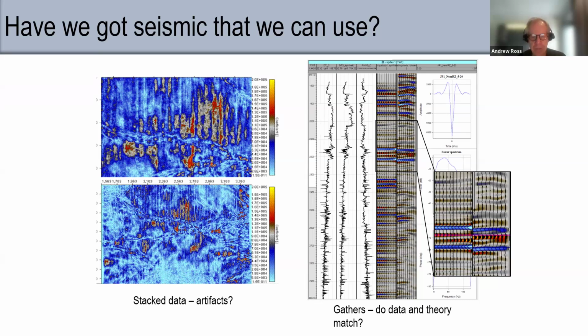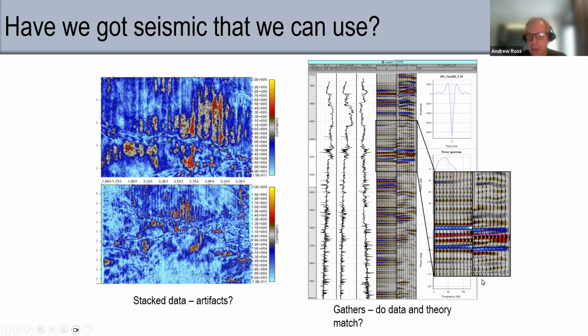If you've got a fan, some kind of slope with a bunch of canyons that happen to be north-south and following the edge of your survey, you could get something that looks like geology. So I can't eliminate it. I can see it's following inline and cross lines, so maybe I have a suspicion, but we need to make sure that everything looks okay. And then the other problem: coherent noise is a problem, but also, does my seismic match my true amplitudes? And if it doesn't, then I've got a problem.